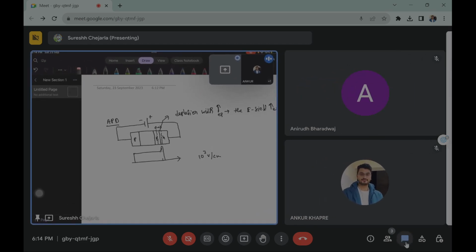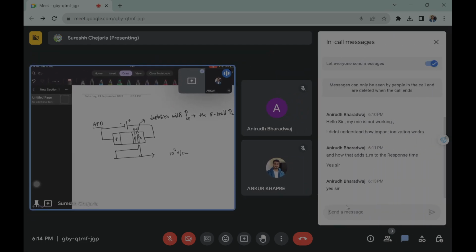So what happens in this case is that impact ionization happens when the electron or hole moves away from the depletion region.